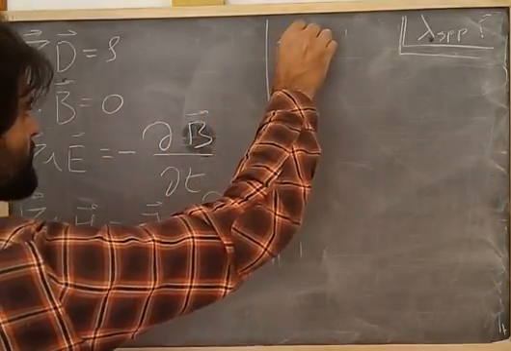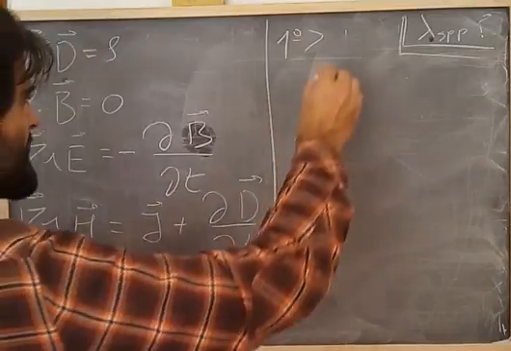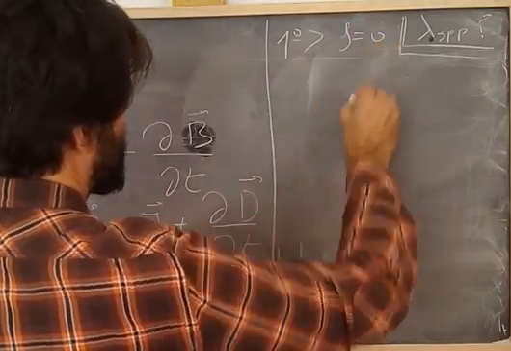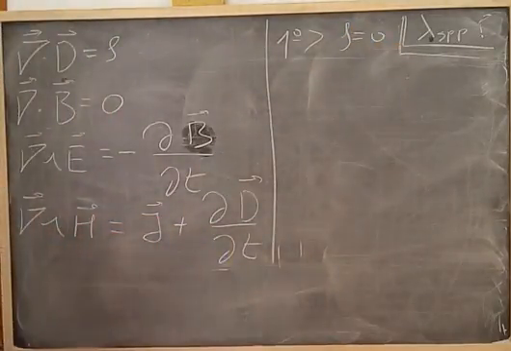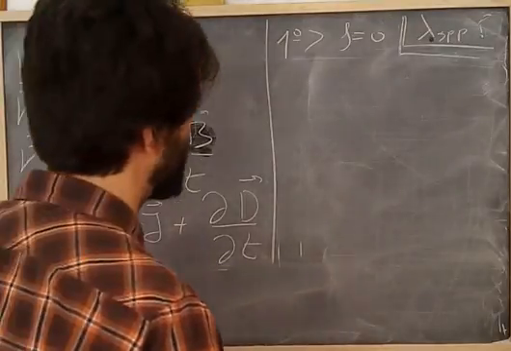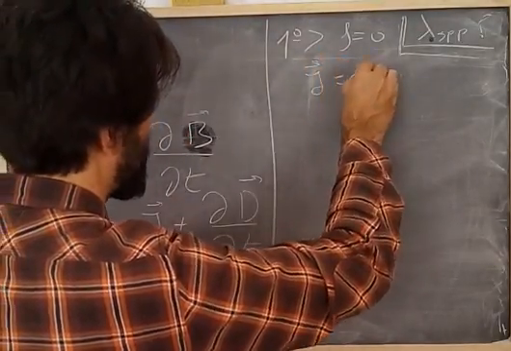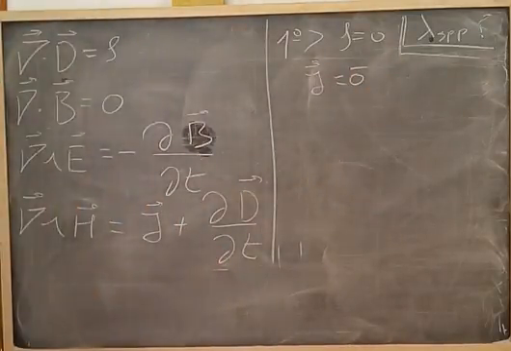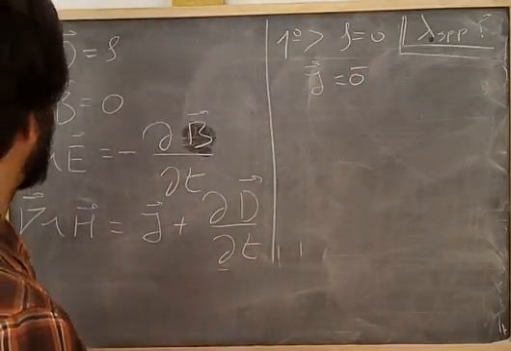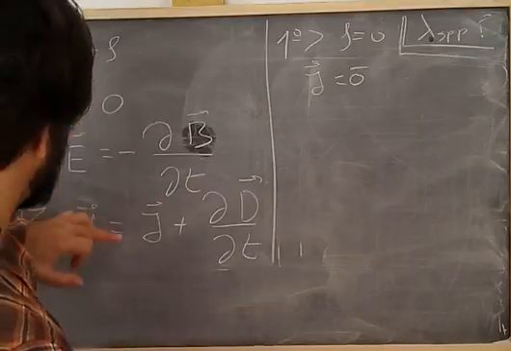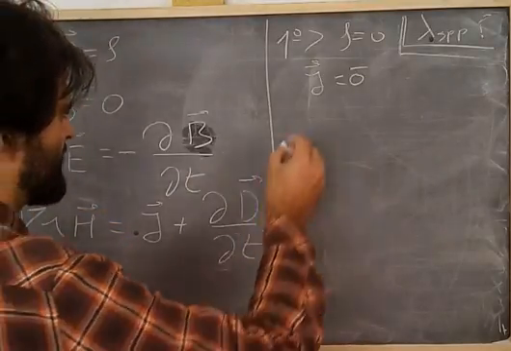The first one is that there is no free charge and no free current in the interface. So we have one condition in this and in this equation.